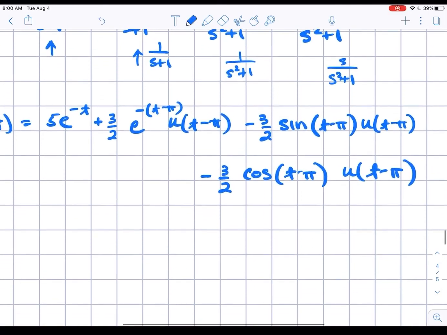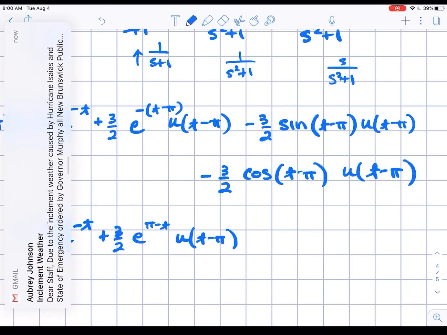Now, with all of these, you can simplify it down, right? Because it is trig. So if you want to do this one, I'll just keep the same. I'll just write it pi minus t, but if you are moving pi units to the right for sine, it's just going to be a negative sign.